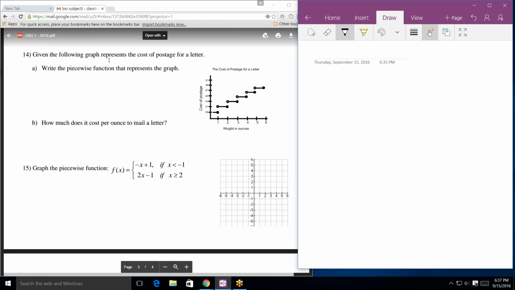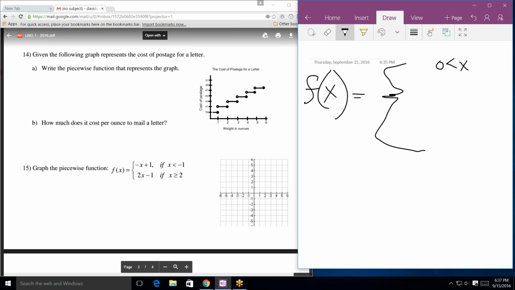Well, now let's write a piecewise function that represents that. Piecewise functions, you always use f of x instead of y. The domain goes on the right. So that's x greater than 0, less than or equal to 1. What's y? 39.